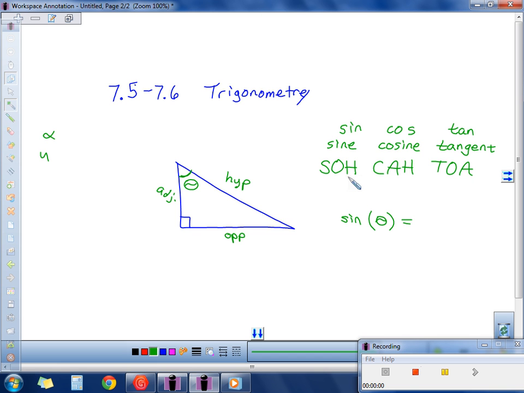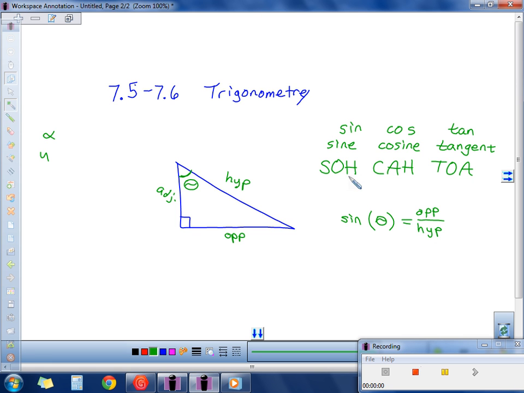Well, what does O represent? O represents opposite. So opposite goes on top. Whatever comes first after sine goes on top. The next letter is H, and H represents hypotenuse. The ratio for sine is opposite over hypotenuse.